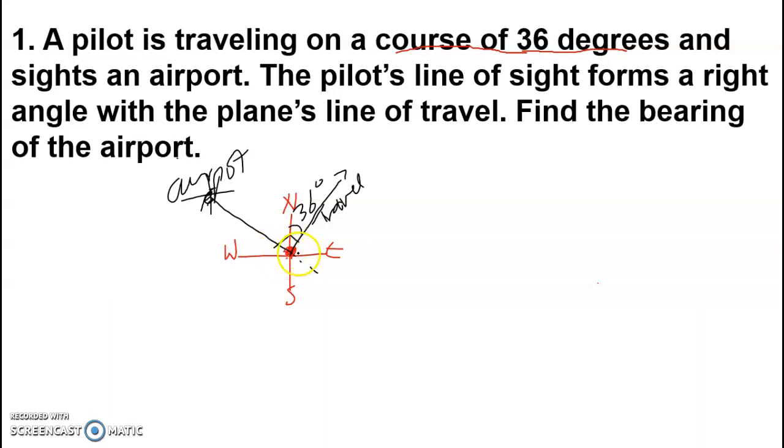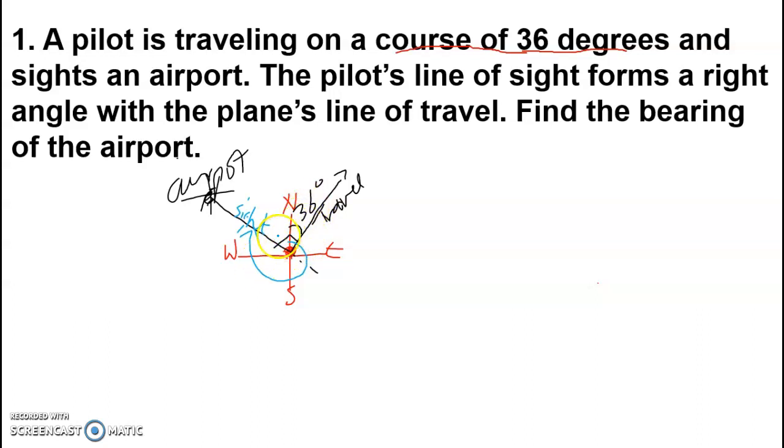So the bearing of the airport is the angle that is formed at this side. Let me draw that with a different color. Again, it's going to start from the north and it's going to go to this line of sight. Again, this is the line of sight. So that's the angle we are looking for. Well, what do we know? We know that this angle here is 90 degrees. The angle in black is 90 degrees. And part of it is 36.